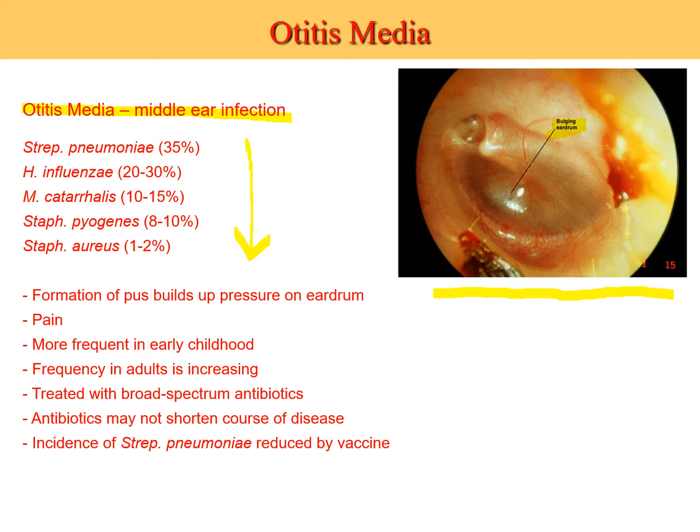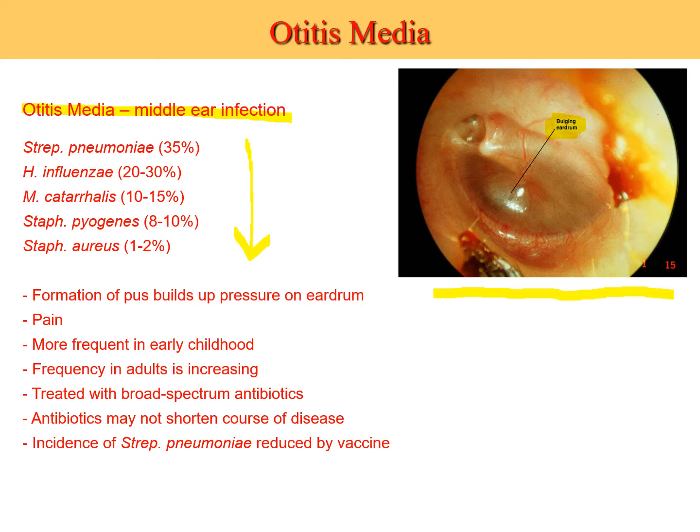So behind the eardrum is the middle ear, and because of buildup of fluid and sometimes pus, you get pressure inside, which causes quite a bit of pain actually, and bulging out of the eardrum. So it's fairly straightforward for a person to look down the canal and see evidence of infection by the sign of a bulging eardrum.